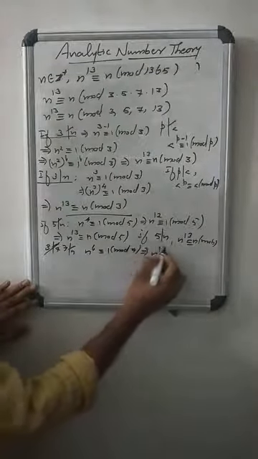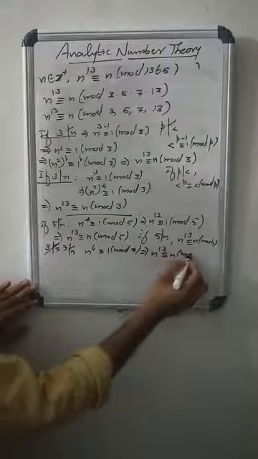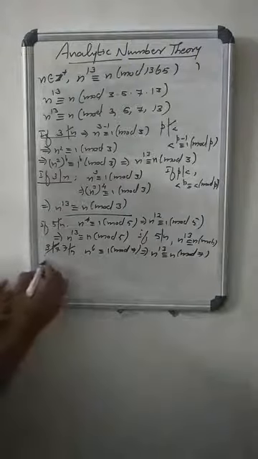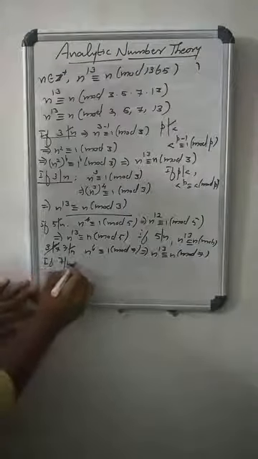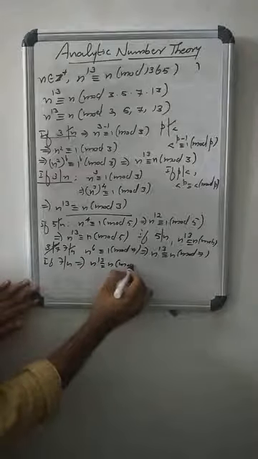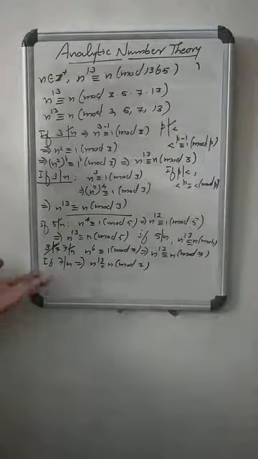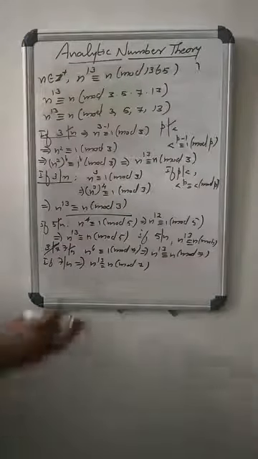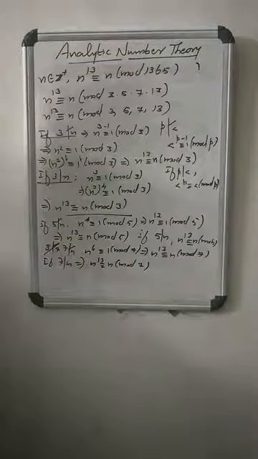That means n power 13 is congruent to n mod 7. Agree? If 7 divides n, immediately n power 13 is congruent to n mod 7. That's immediate. If 7 divides n, then n is a multiple of 7, n power 13 is also a multiple of 7, so n power 13 is also congruent to n mod 7.